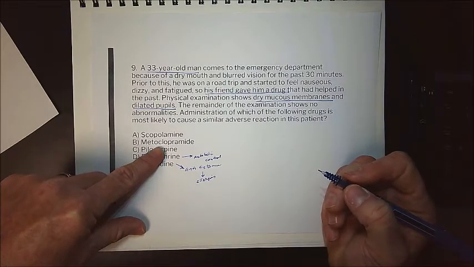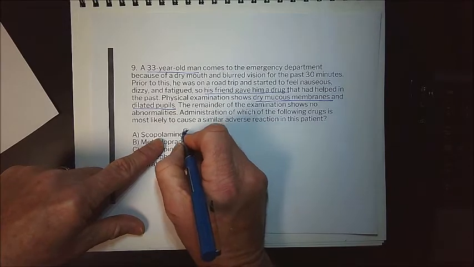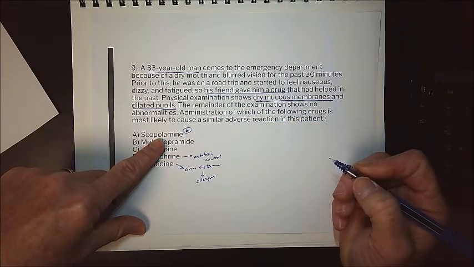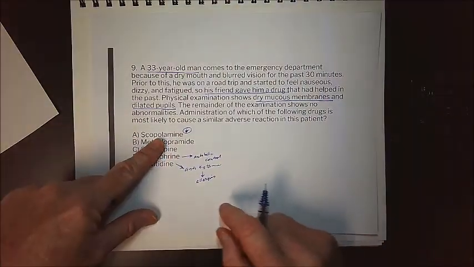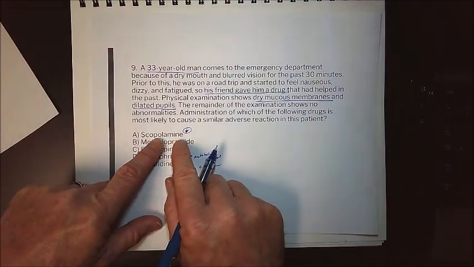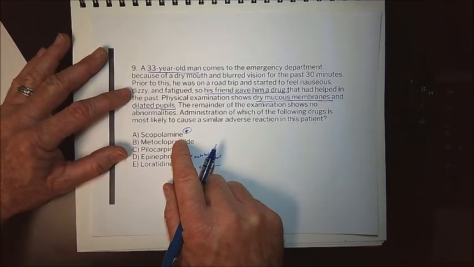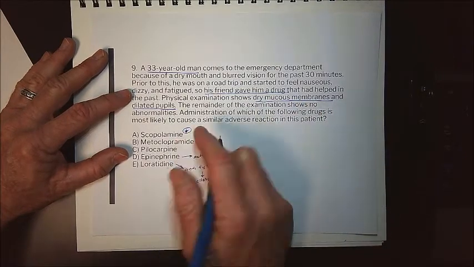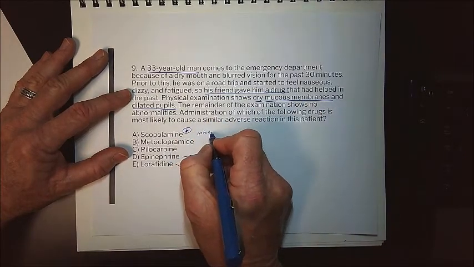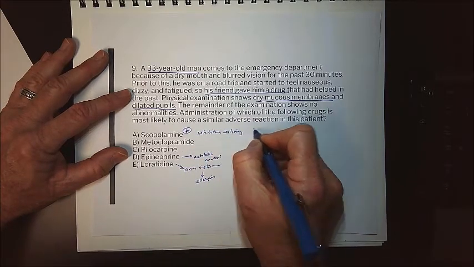Pilocarpine, metoclopramide, Dr. Shuttleworth talked about those. Here's where we're going here. Scopolamine. Remember, scopolamine is the patch that we put behind our ear to prevent motion-induced nausea. The primary problem that it's going to cause is dry mucous membranes because it's inhibiting salivary secretions.